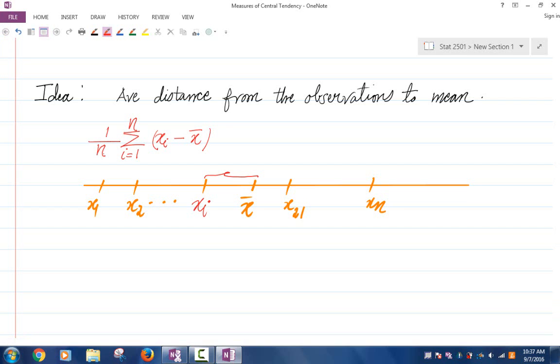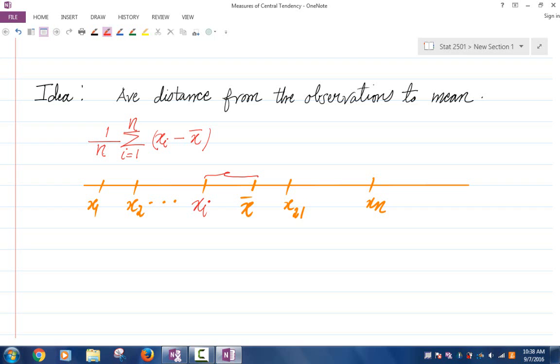xi minus x bar is called a deviation. xi minus x bar is called the deviation of xi from x bar. So we are taking the average of the deviations. Is that a good measure for the dispersion?